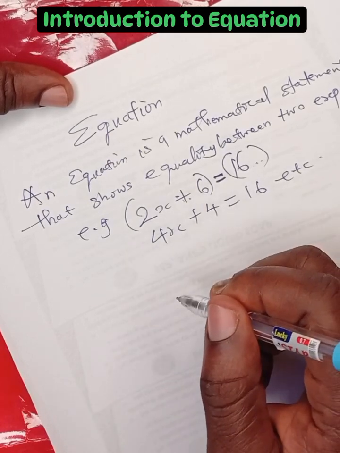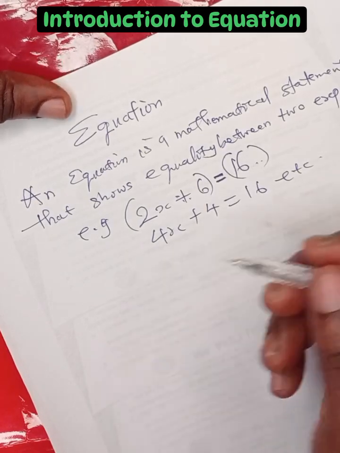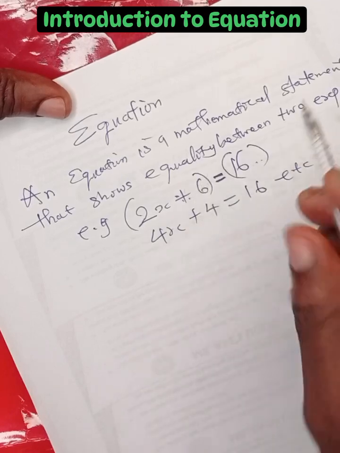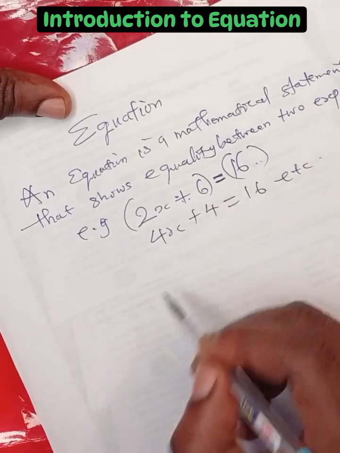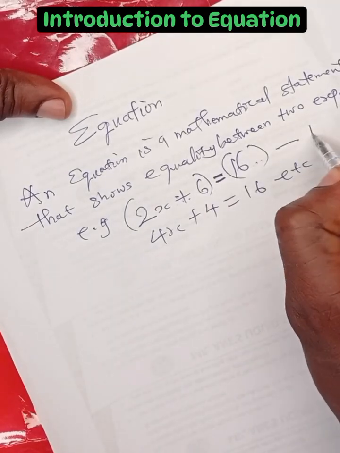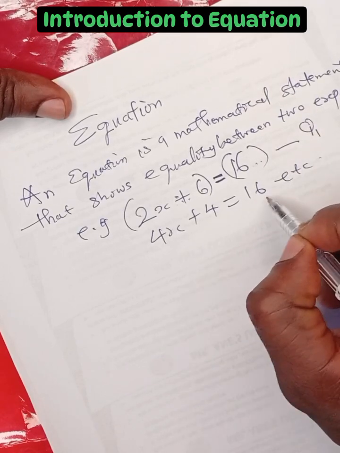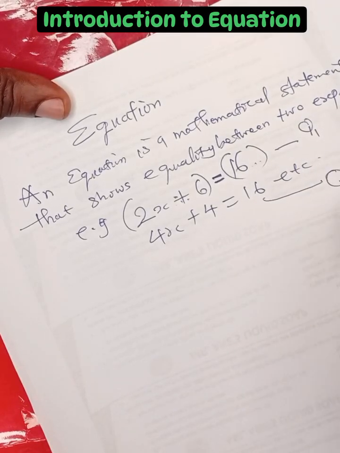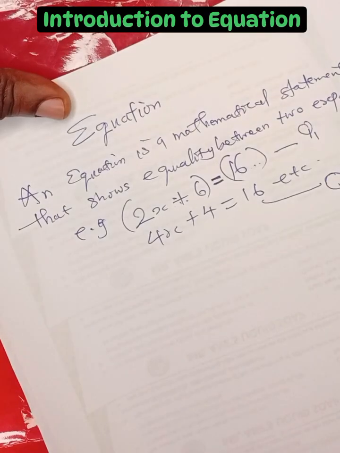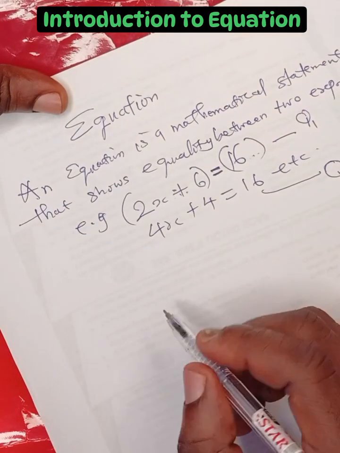For example, this is an example of a linear equation. Let's say equation 1, and then this is also another example of a linear equation.